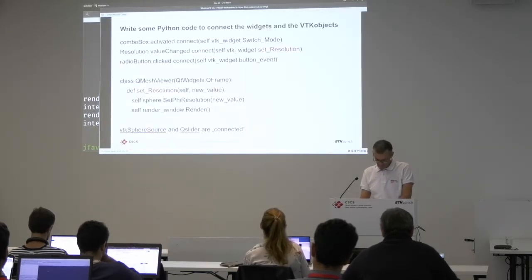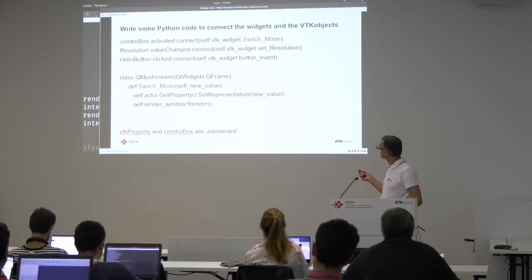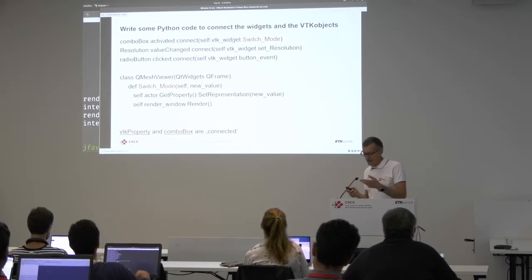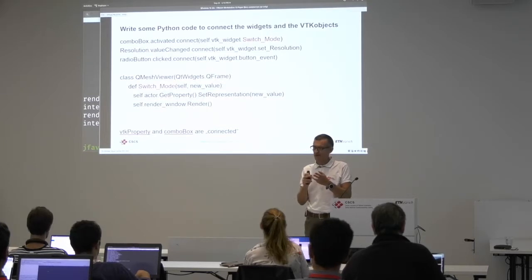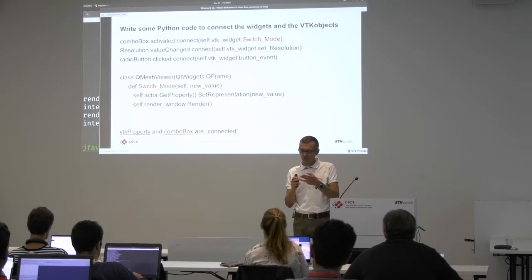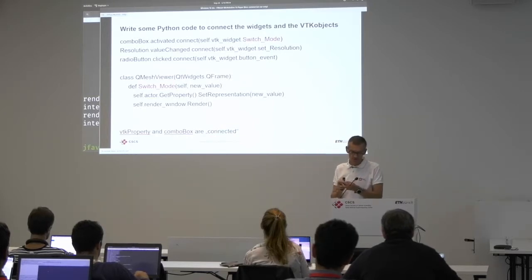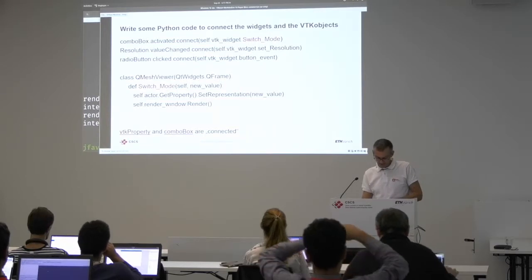I do the same thing for the combo box. So the combo box, if you recall, allows me to change between points, wireframe, and surface mode. So it's options 0, 1, and 2. And those options actually are set up at the VTK property level.